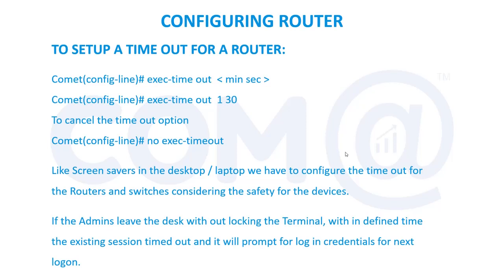The same way we are going to give a timeout for the router, because suppose the administrator left the console just like that and went for a bio break or any other activity, taking a photocopy or taking printouts, whatever it is. If he is not at the desk, somebody can take control of it, whoever is not liking that person.